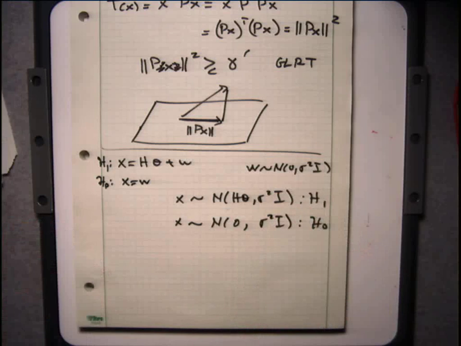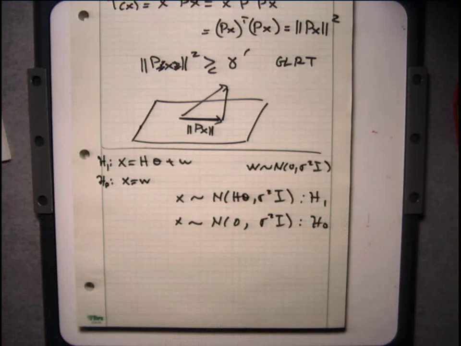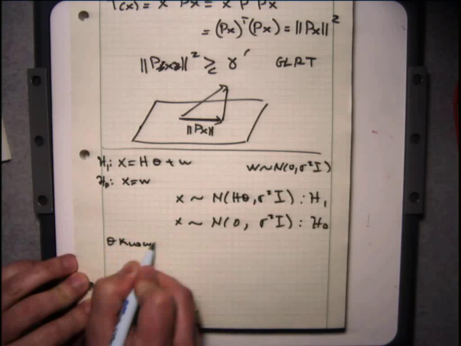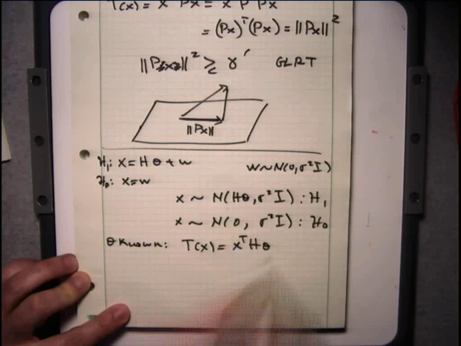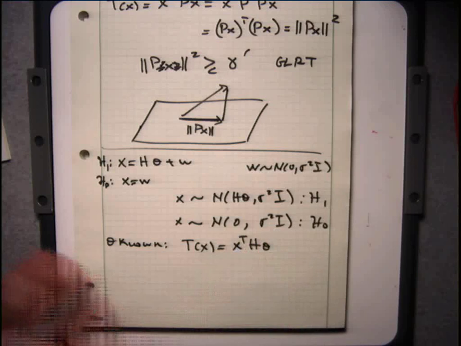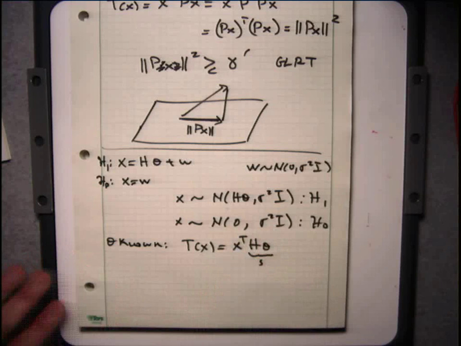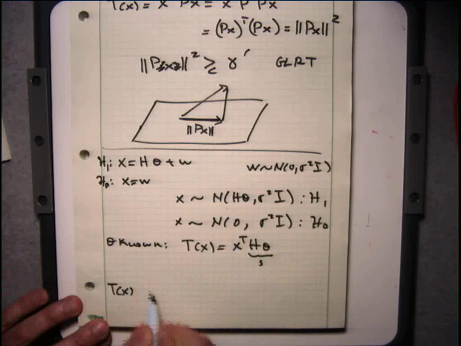Now, the performance you would expect to be worse in this case, and it turns out that can in fact be specifically studied. So in the case where theta is known, the detector is T(x) equals x transpose h theta. If you call this s, it's just the matched filter. So your test statistic for the theta known case is like this.